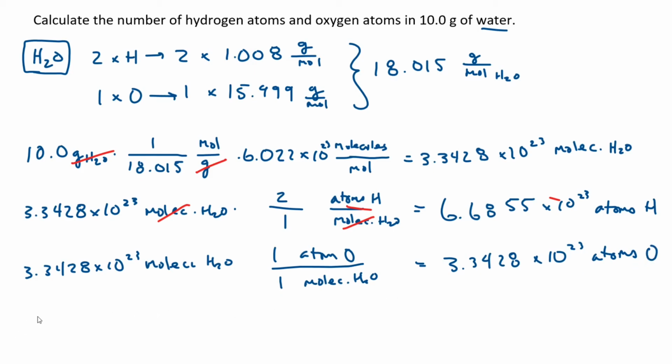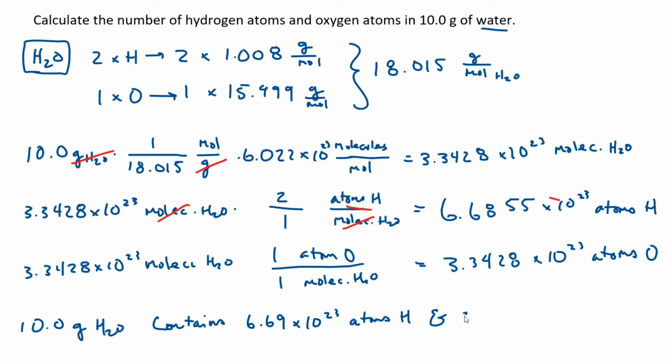Okay, and for our final answer, we'll have to put these into significant figures. So we can say 10.0 grams of H2O contains, so that's 3 significant figures, so we can have 3 significant figures, so that's 6.6, and we'll have to round up to 9 times 10 to the 23rd power atoms of hydrogen, and 3.34 times 10 to the 23rd atoms of oxygen.